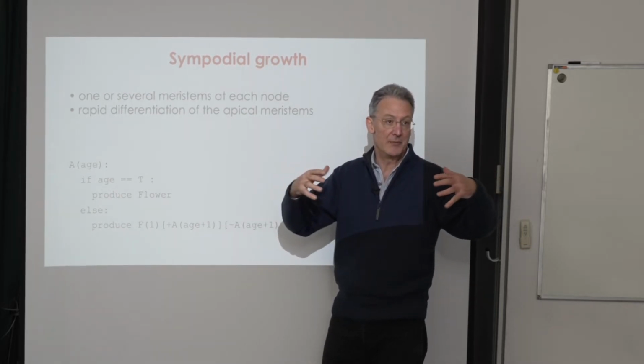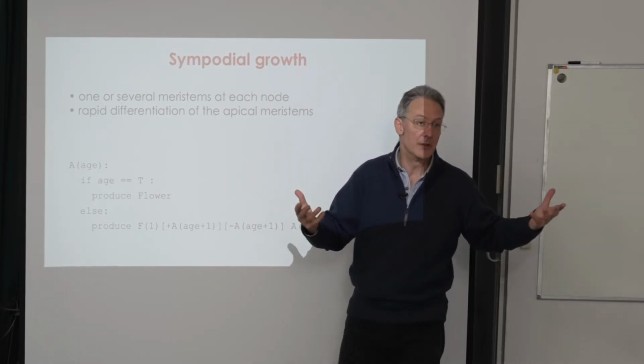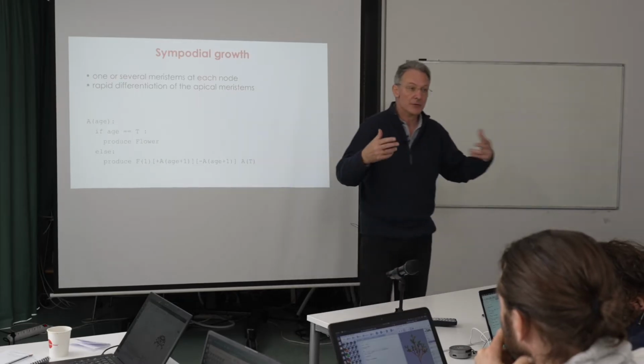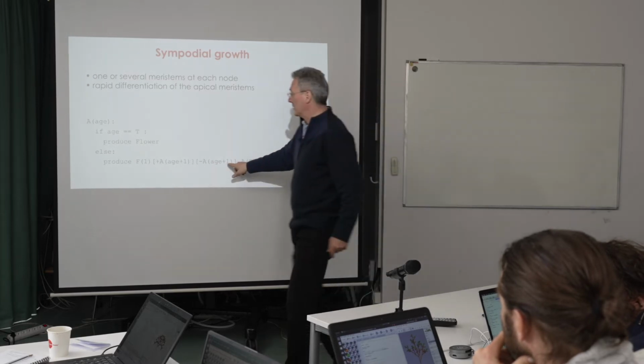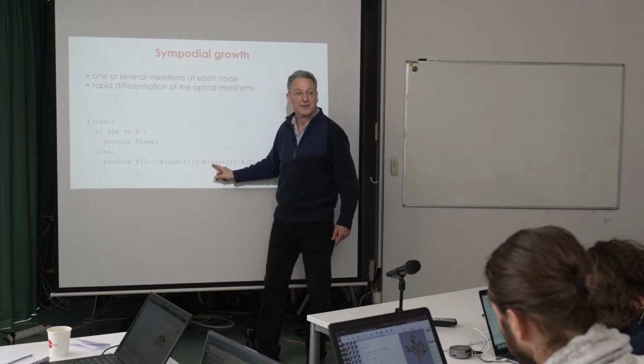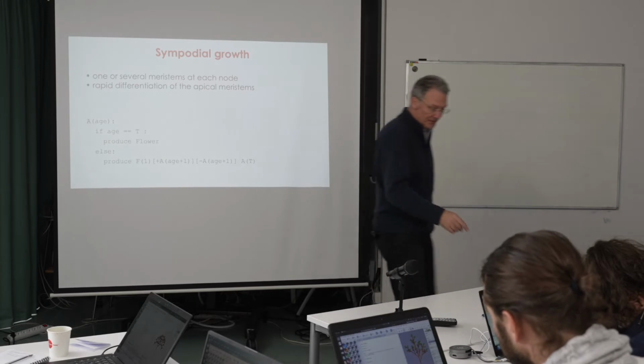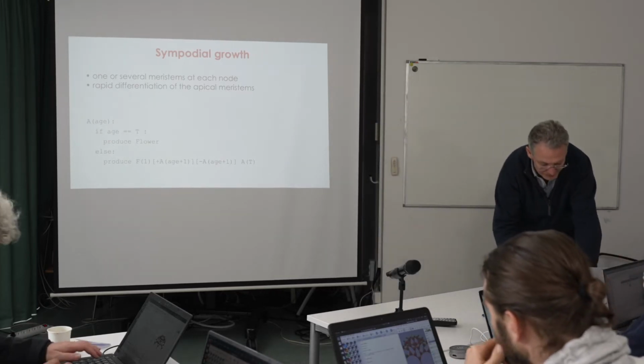So with time, this age will become greater and greater, and this can be used by the plant, for instance, to detect a moment where even the lateral buds should transform into a flower. And actually, you can test this with the program.